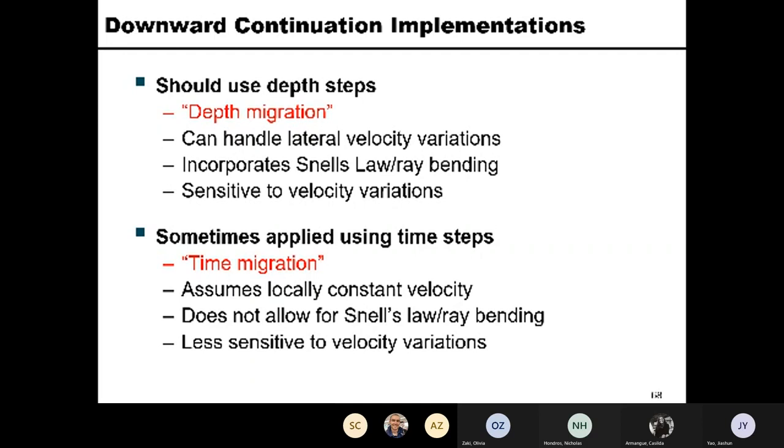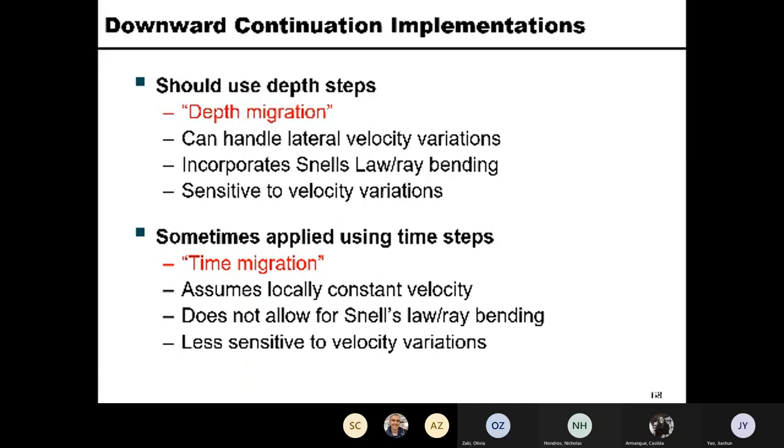As I said, we have three elements. One is downward continuation, which is actually quite straightforward. Ideally, we use the delta z. That's called depth migration, right? However, we don't know exactly the velocity. So a more practical implementation is you use time rather than z.